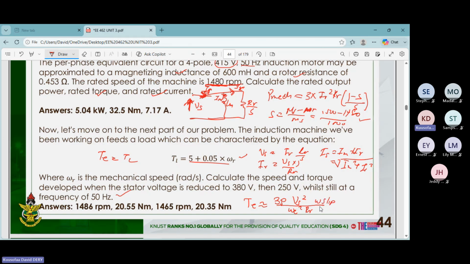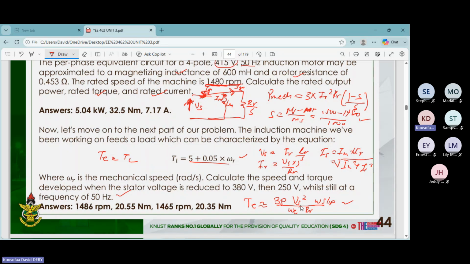We saw this relationship, right? So we are going to make use of this relationship. This is our TE, then we equate it to this, right? So we are going to equate TL to TE.